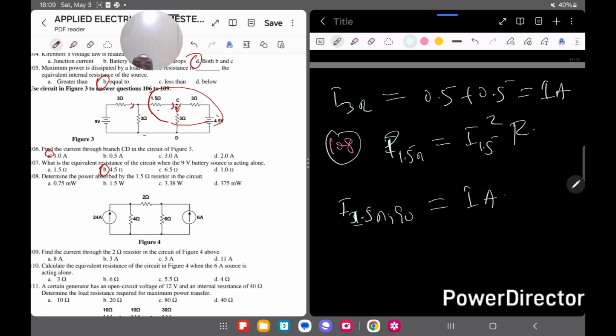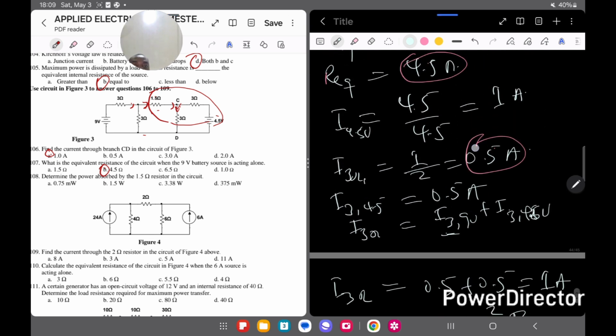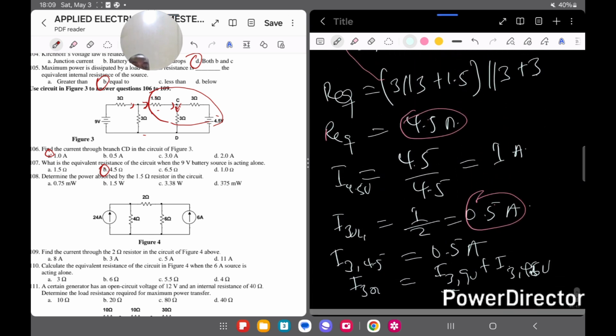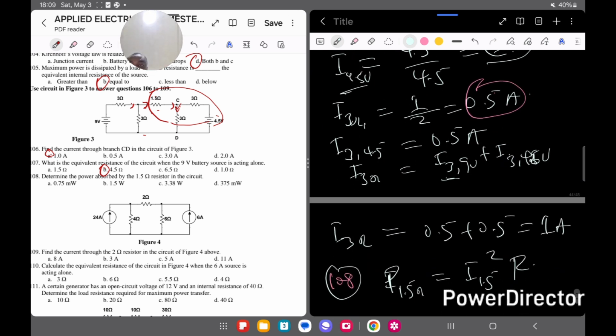Now you see that this current is going this way. Then when 4.5 volts is acting alone, remember we got the total current was 1 ampere. Again, once we've gotten that 1 ampere, the whole of this part was also 3. Again, so you get the what?